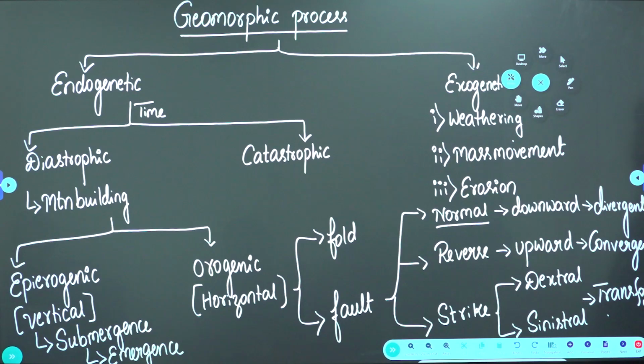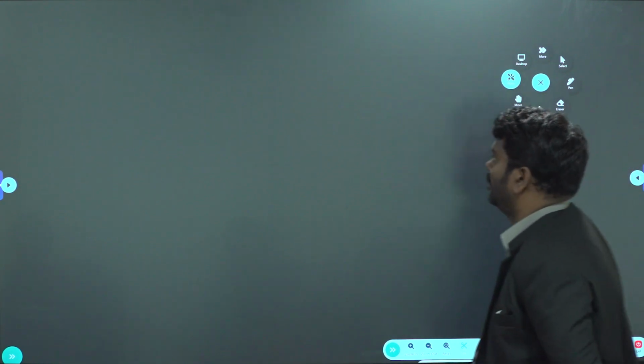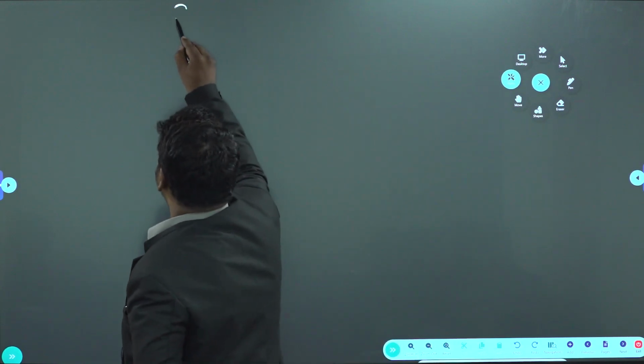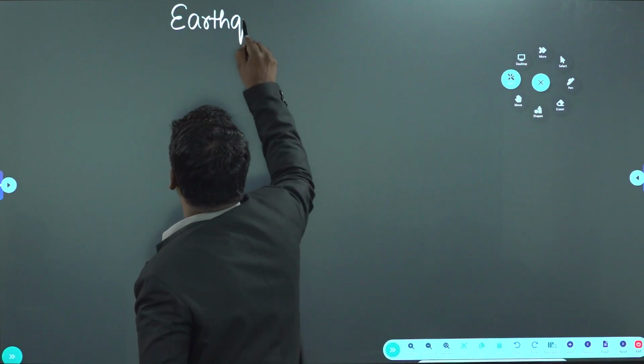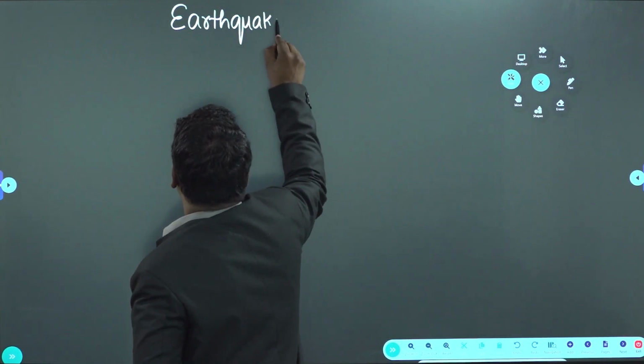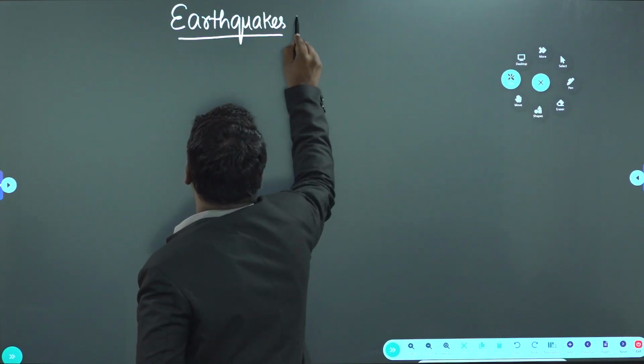Okay, then a little bit slowly but in detail we should study about earthquakes.